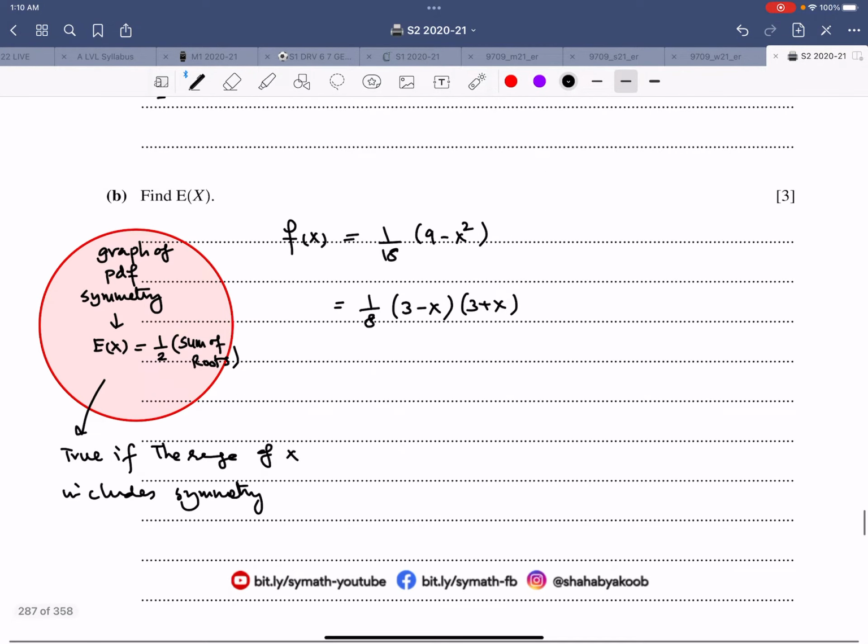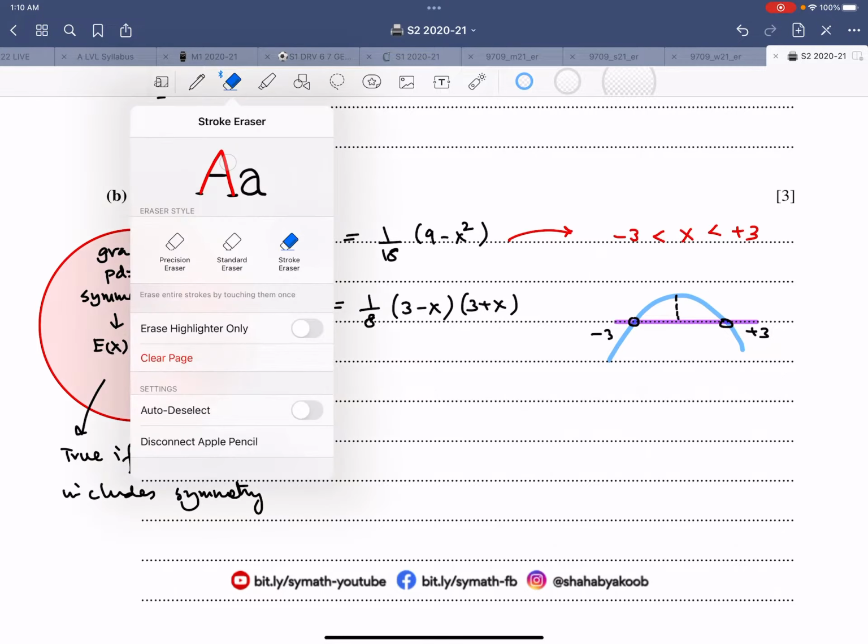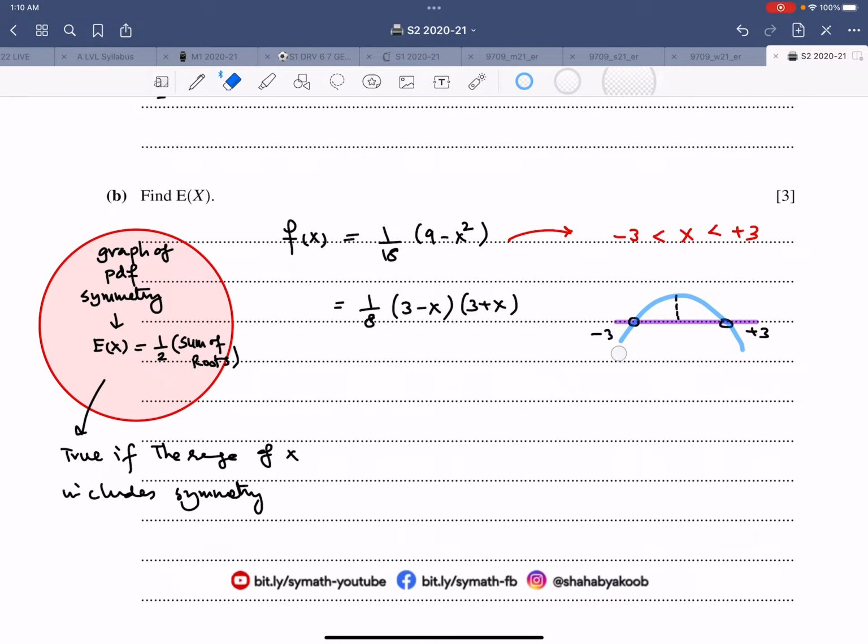Now, for example, let's say if this function had a range of values of x between -3 and +3. So therefore, this graph would be like this. This is the x-axis. This is the curve upside down. And this is -3. And this is +3. So since there is symmetry and the graph only lies between these two values, so let me just erase this thing.